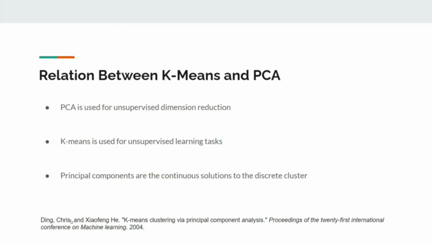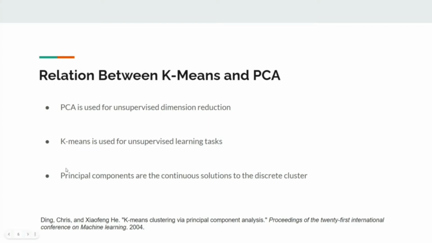Equivalently, they showed that the subspace spanned by the cluster centroids is given by spectral expansion of the data covariance matrix truncated at k-1 terms. These results indicate that, according to them, unsupervised dimension reduction is closely related to the unsupervised learning problem.